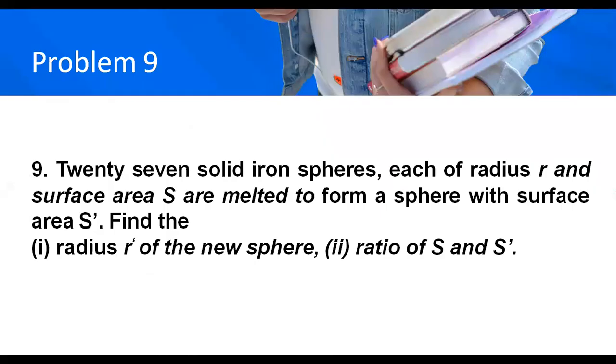Coming to problem 9: 27 solid iron spheres, each of radius r and surface area s, are melted to form a sphere with surface area s dash. We need to find the radius r dash of the new sphere, and in the second bit we need to find the ratio of s and s dash.